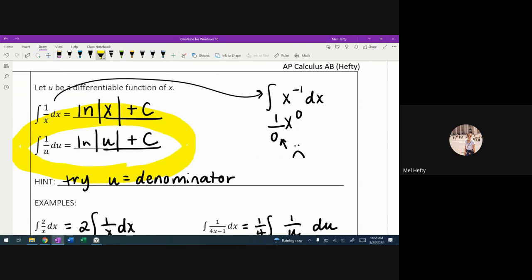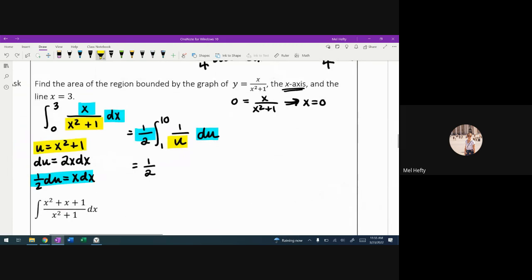All right. So that one we have to know. That one is not allowed to be fuzzy in your brain. If you have 1 over u to the first power, you are going to see some natural log showing up. So natural log, absolute value of u. Again, the absolute value bars have to be there because we have to make sure natural log is only getting positive things plugged into it.